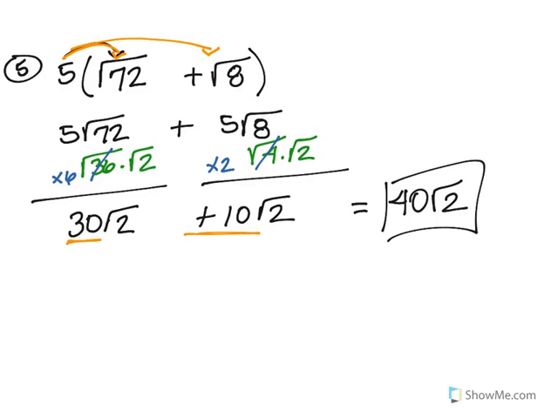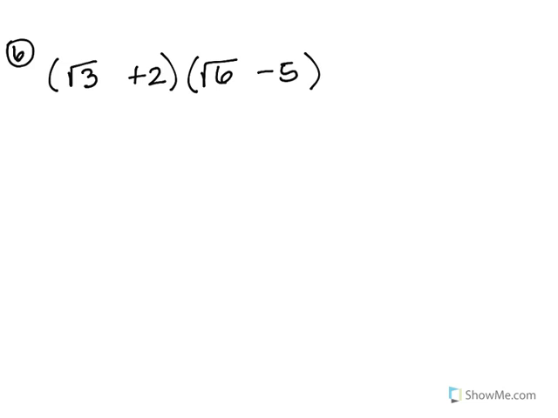Number 6. Open parenthesis, the square root of 3 plus 2, close the parenthesis, times, open parenthesis, square root of 6 minus 5, close the parenthesis.